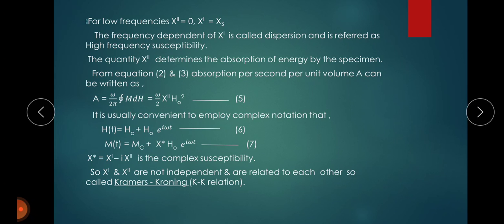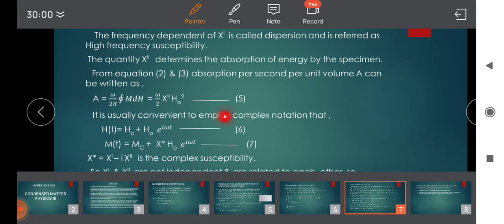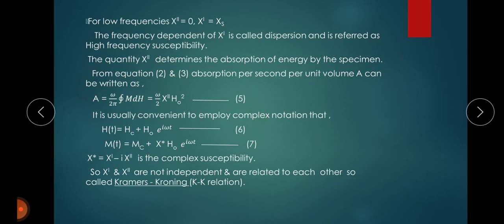Next, it is usually convenient to employ a complex notation. By using equations 2 and 3, h of t is equal to Hc plus h0, instead of cos ωt we have e to the power of iωt. This is taken as equation number 6.